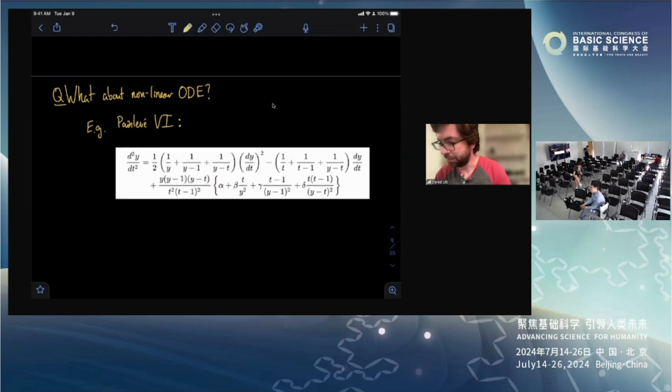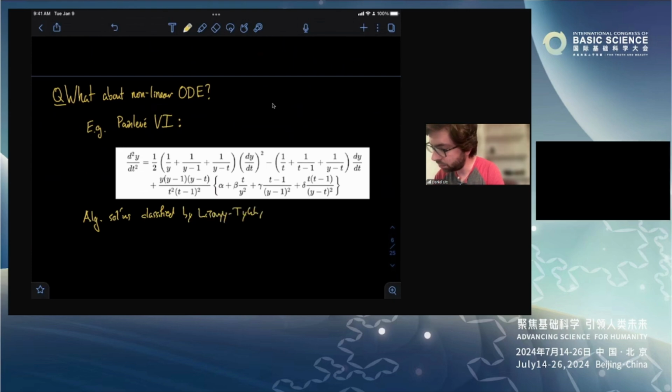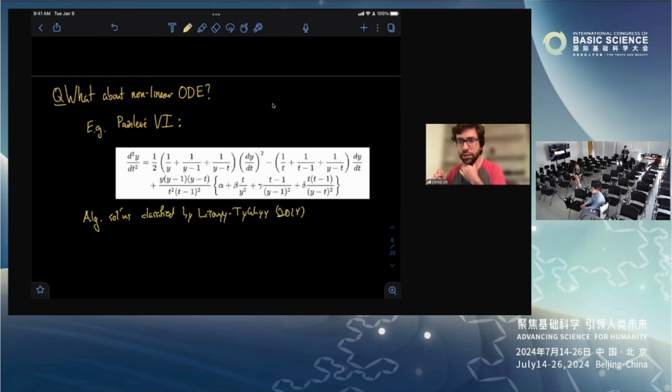Algebraic solutions to this particular ODE have been studied since it was written down in 1905, and they were classified eventually by Lisovyy and Tykhyy in 2014. So it took about 110 years.